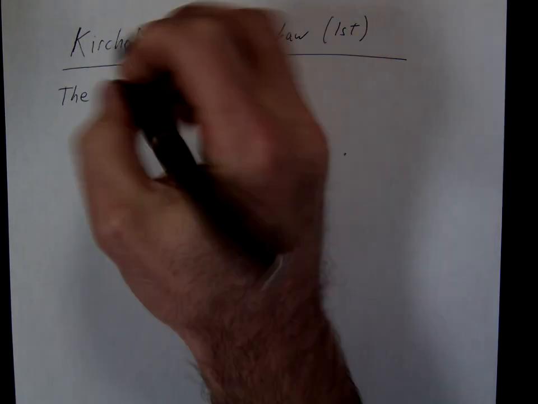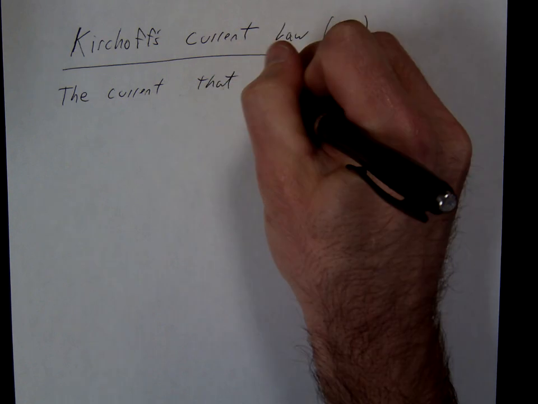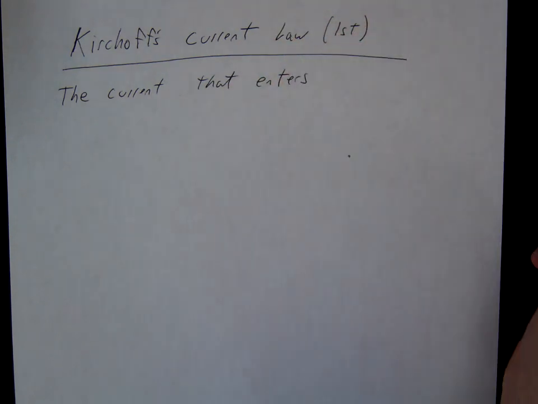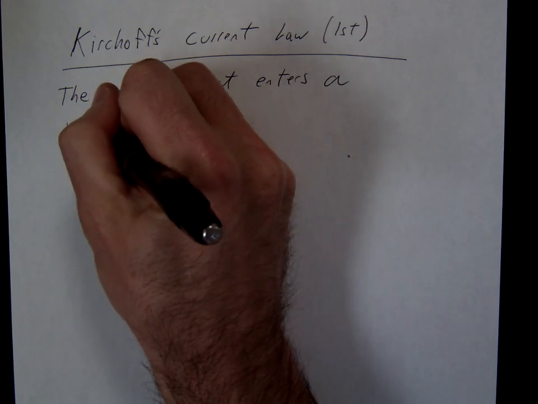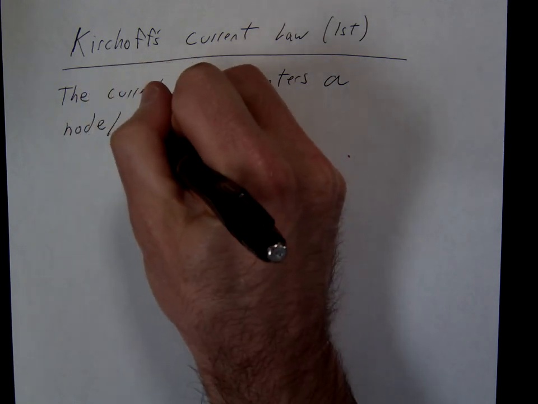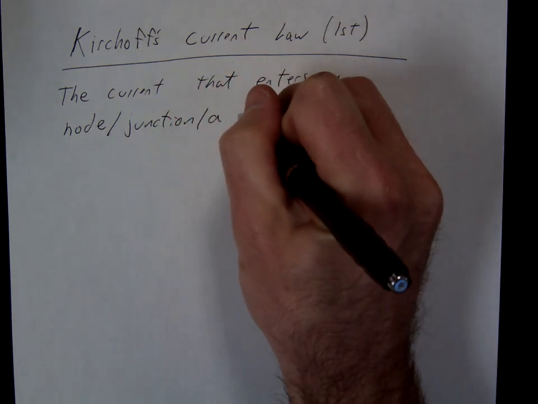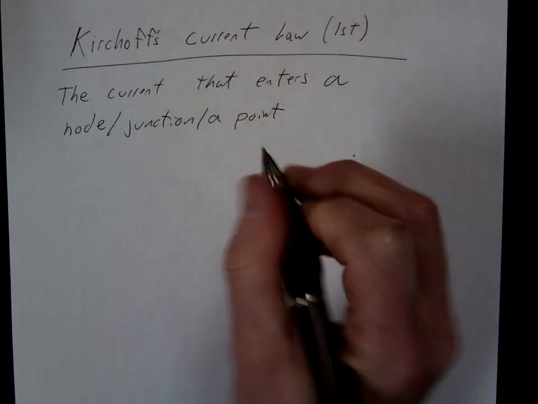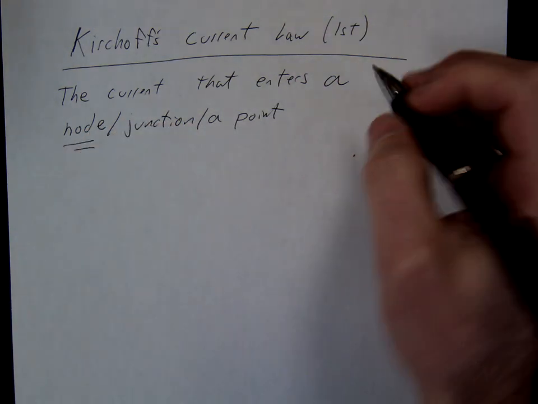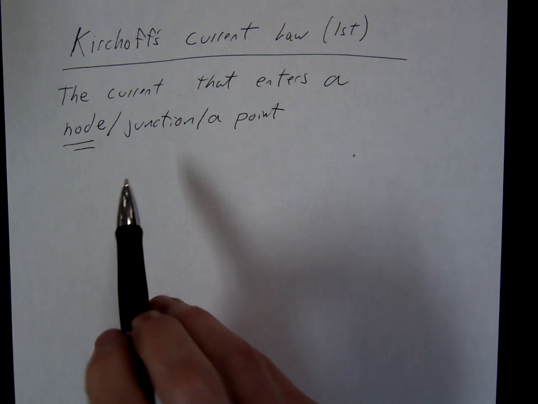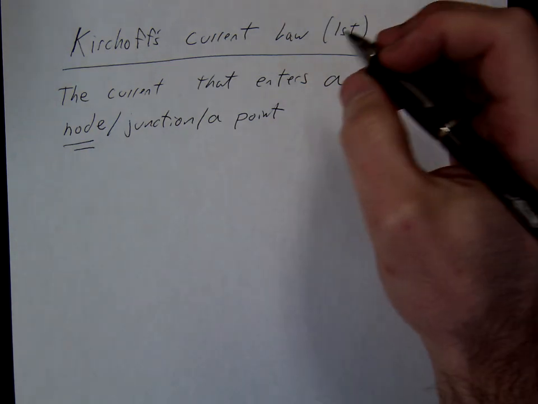The current that enters a node or a junction or simply a point. Usually the word most often used is node, but a junction, you can think of it, or if you want to really go down to basics, some point in the circuit.